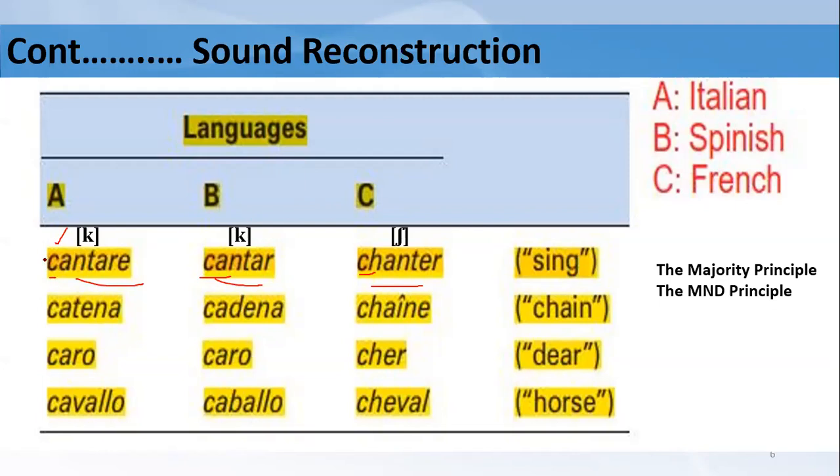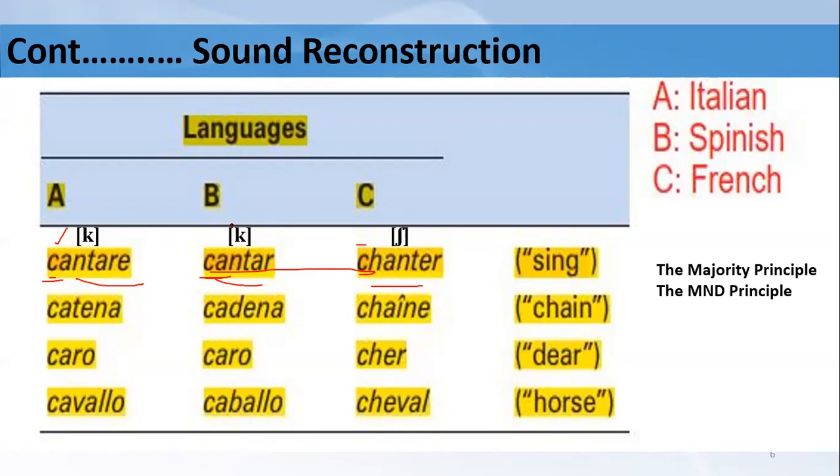This one has got a k sound, cantare. This one has again a k sound, it starts with ka, canter, and this one starts with sh, that is shanter, fine. So sound reconstruction means to re-establish, to determine, to decide which sound is the original sound.